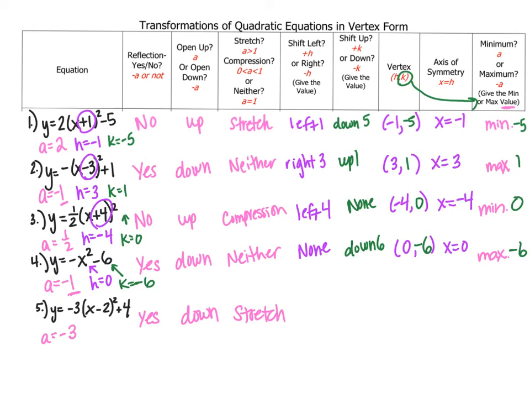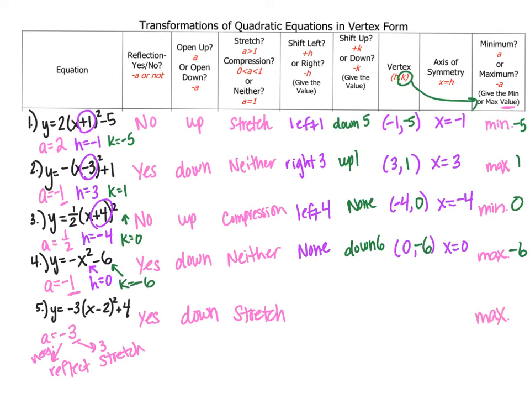No, no, no. Remember, the negative is for the reflect, and just the 3 is for the stretch. So the negative goes for the reflection and the 3. It's like they're doing two different things. Okay, now because it is negative though, I'm going to have a maximum.